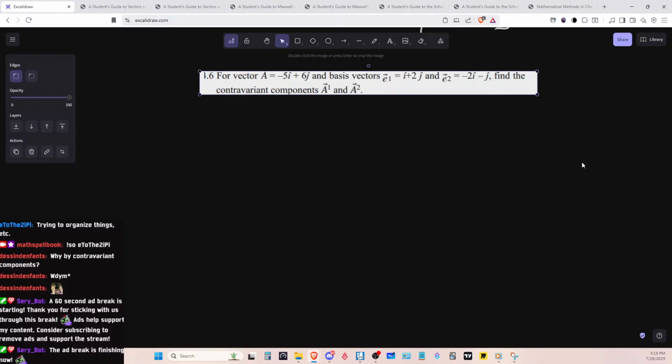Find the covariant, find the contravariant components.